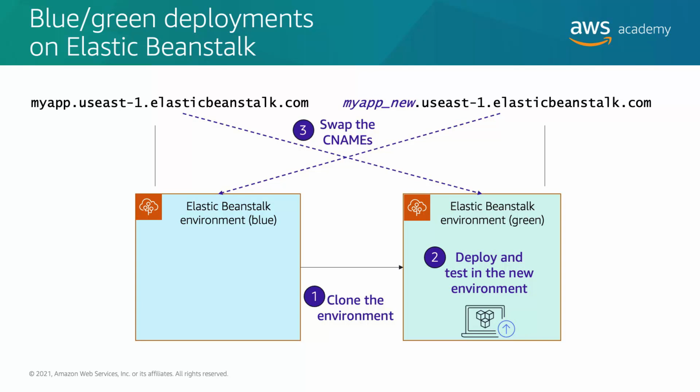Then you can deploy your updates and test the new version in the clone. After completing all verification and testing, use the swap URL option in the original environment, blue, to redirect all traffic to your newly deployed version, green. Blue-green deployment is required when you want to update an environment to an incompatible platform version.